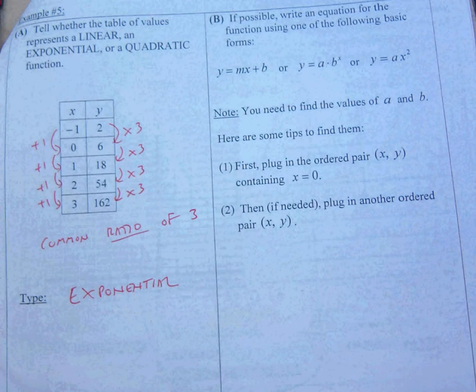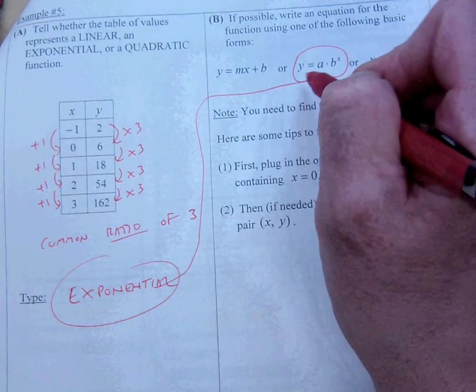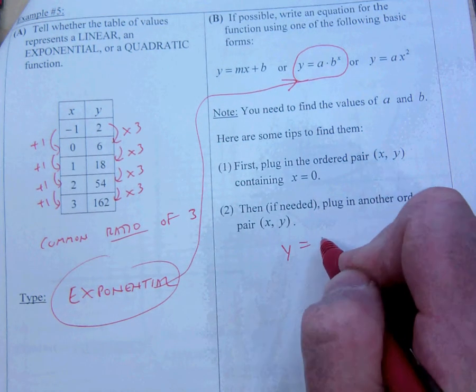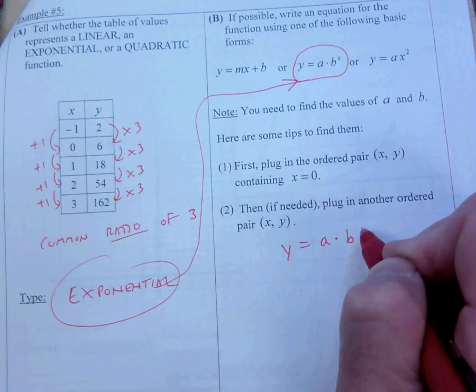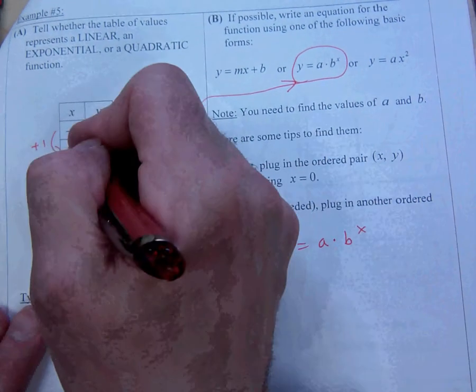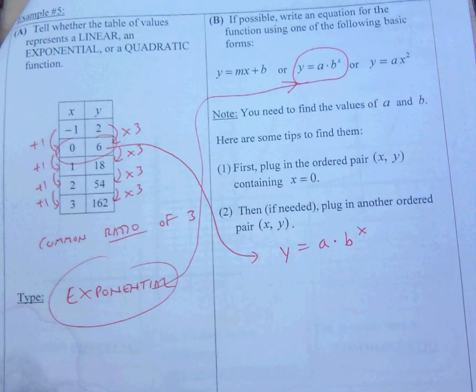All right, so clearly then, since it's exponential, we're going to go with this one here, aren't we? Okay, so write it down. So clearly we need to find A and B, right? The first thing you want to do is start with the point that has 0 in it and put it in. So what am I going to put in for y? 6.